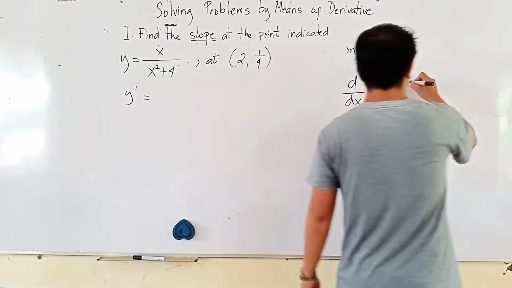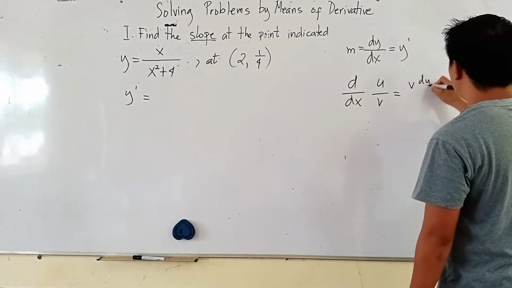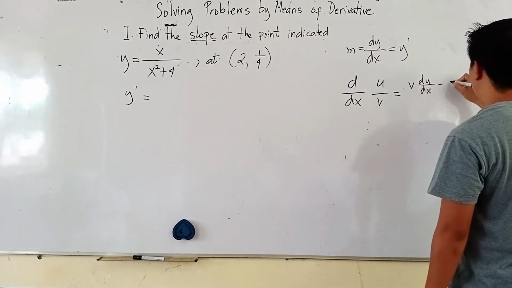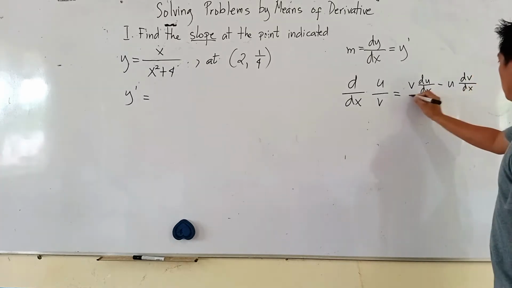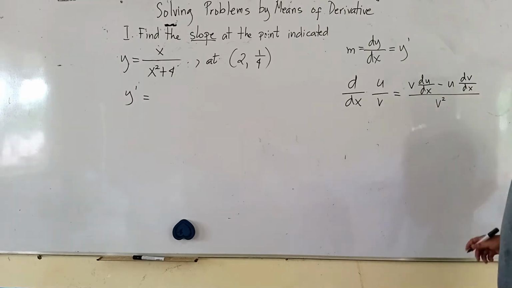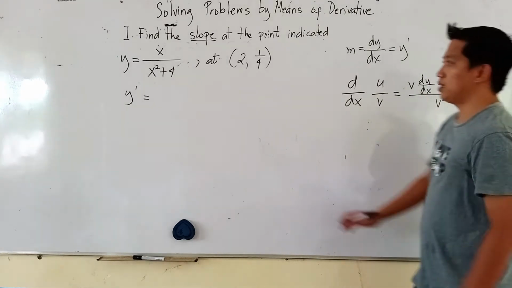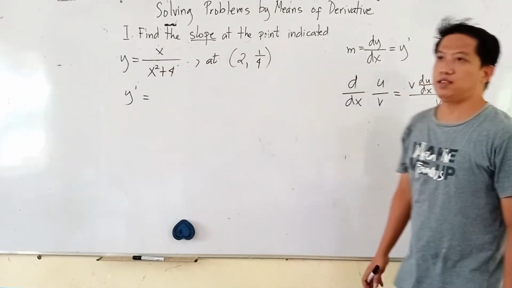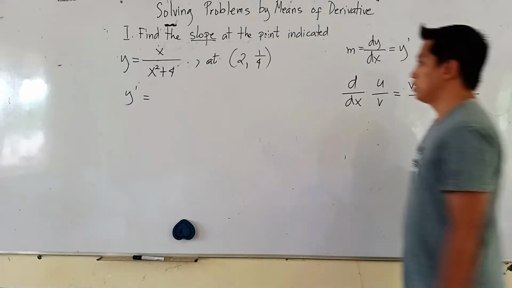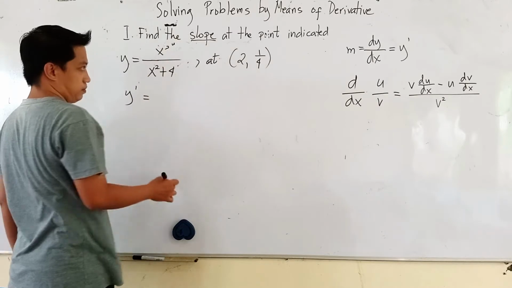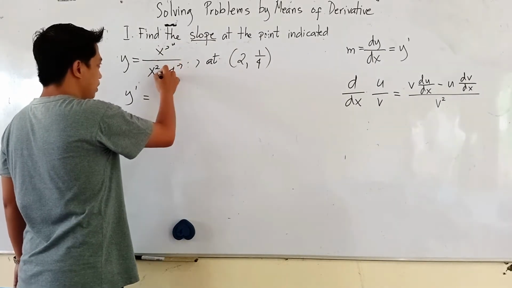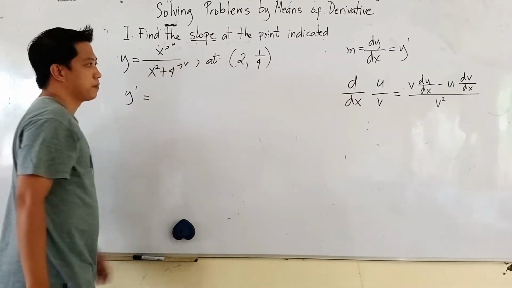So we have v du divided by dx minus u dv divided by dx, all over v squared. So yung formula na to is gagamitin natin to differentiate this. In this case, our x is u, our x squared plus 4 is v.